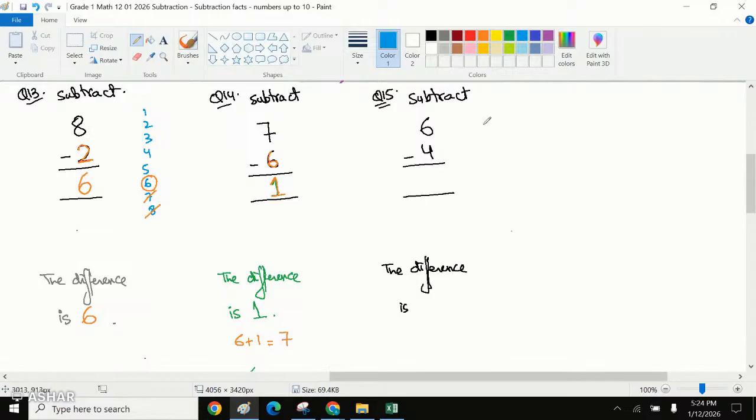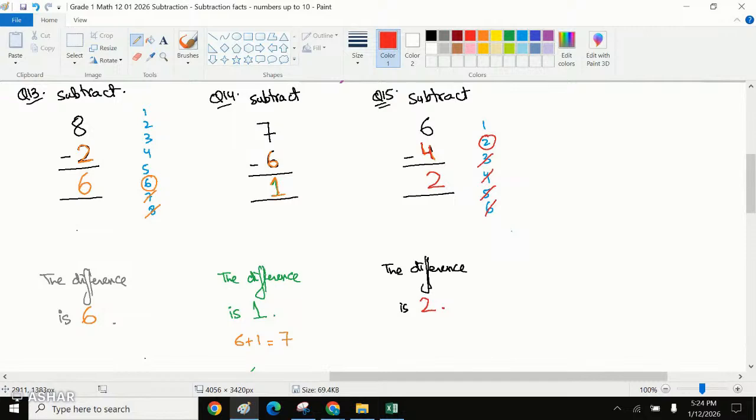If we write the 6 numbers 1, 2, 3, 4, 5, and 6. And how many did we need to remove? We had to remove 4 out of these, right? So we say 1, 2, 3, and 4. We are left with 2. That means 6 minus 4 would be 2. And we can also say that the difference of these two numbers is 2. Okay.